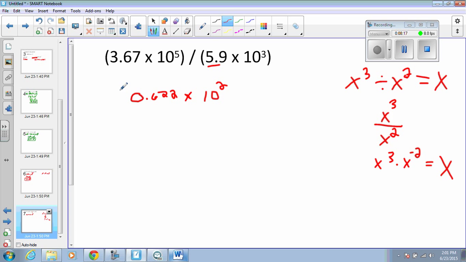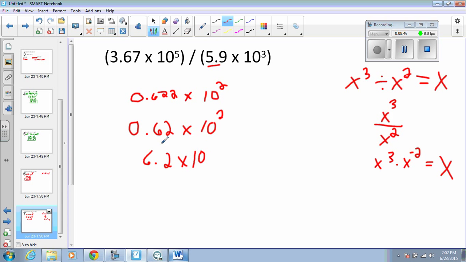Again, I need two significant digits here, so I have 0.62 times 10 to the 2nd power. And if I wanted to put that in correct scientific notation, I could move the decimal place 1 and have 6.2 times 10.